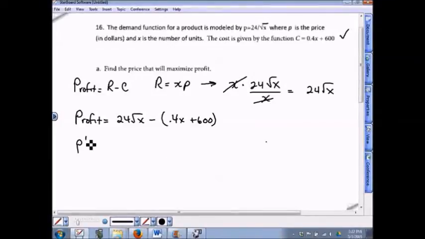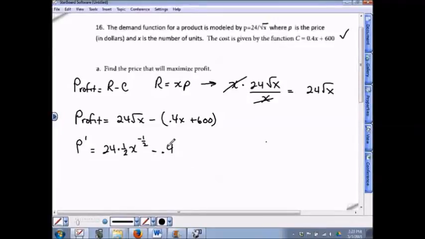And then P prime, or the derivative of the profit, is equal to 24. And if you think about the square root of x as x to the 1/2, the derivative of the square root of x is 1/2 x to the negative 1/2. And then the derivative of this is going to be 0.4.